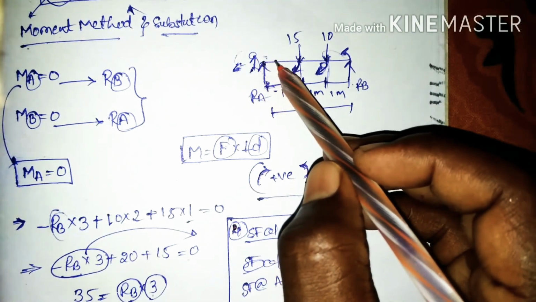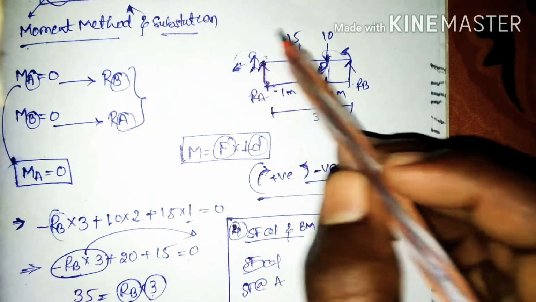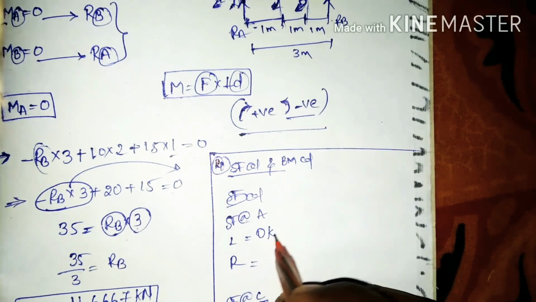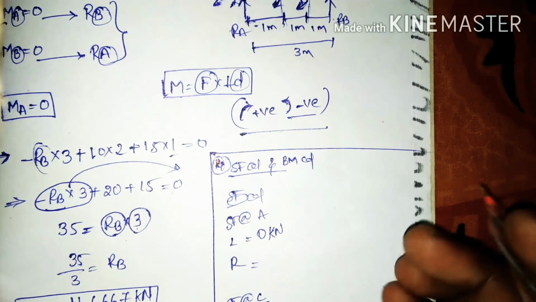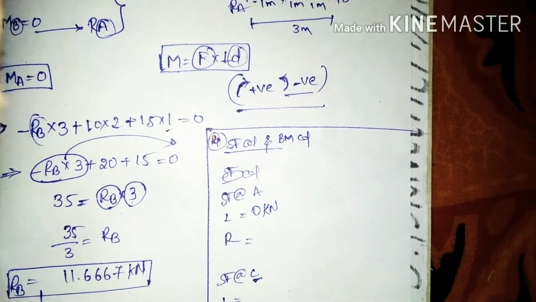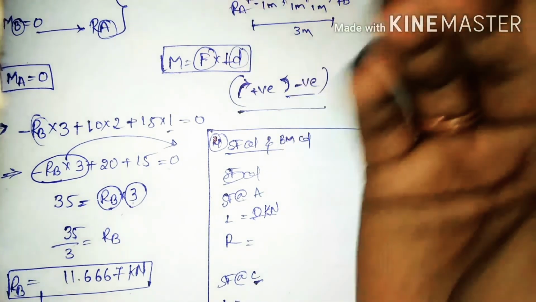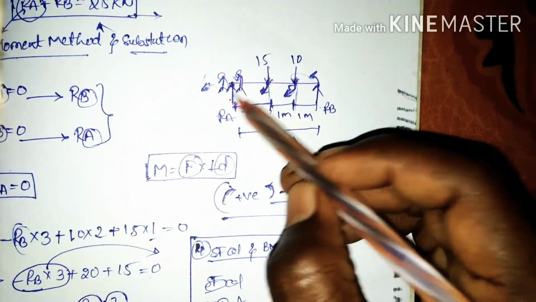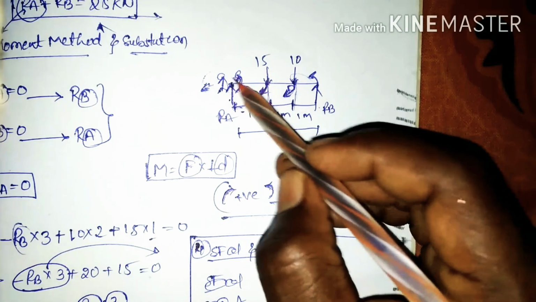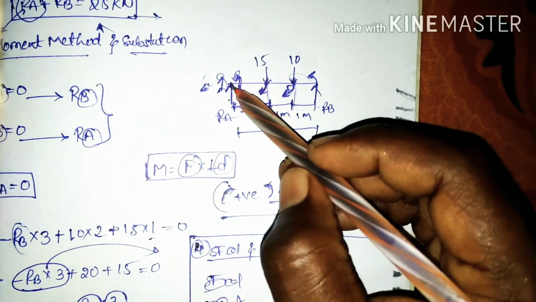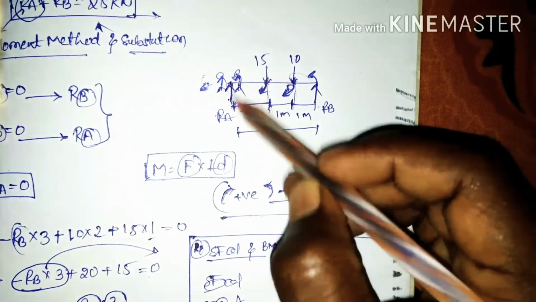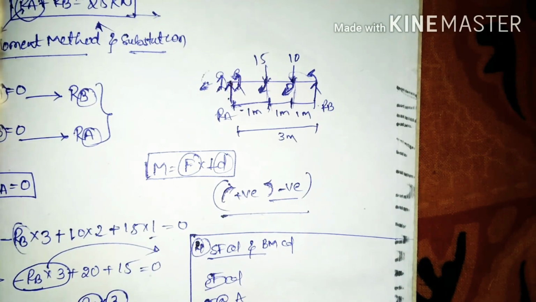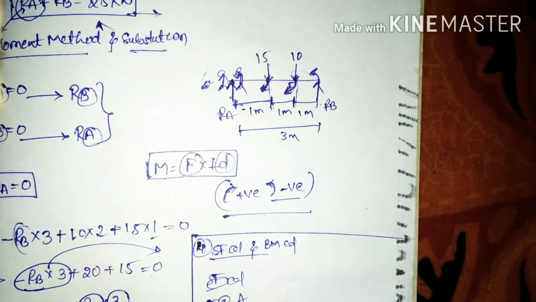So I am going to consider it as 0 kilonewtons. For the right of RA, looking left side, I find an upward reaction RA with a magnitude of 13.333 kilonewtons.